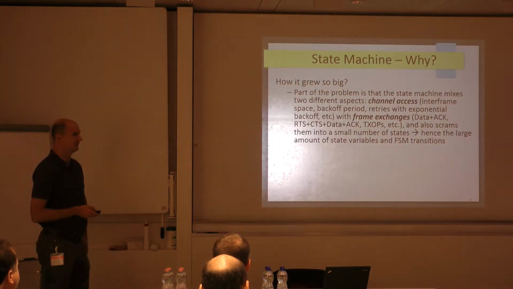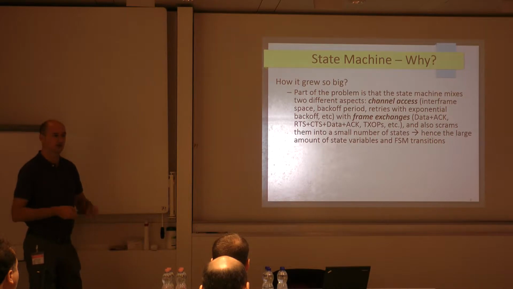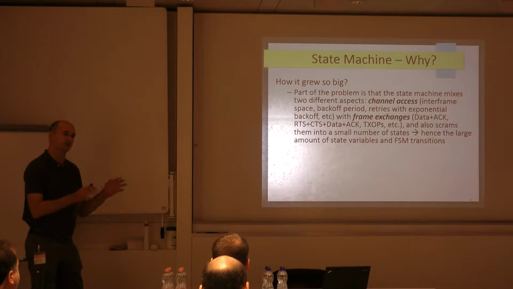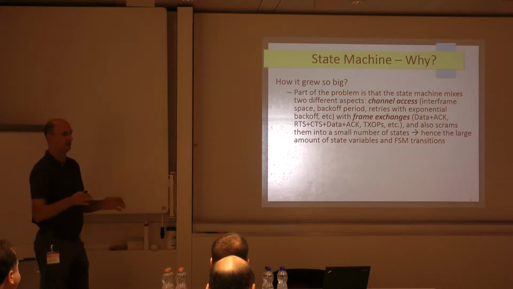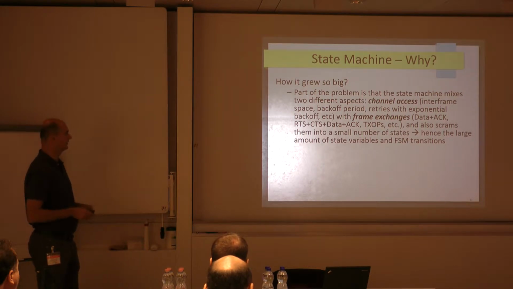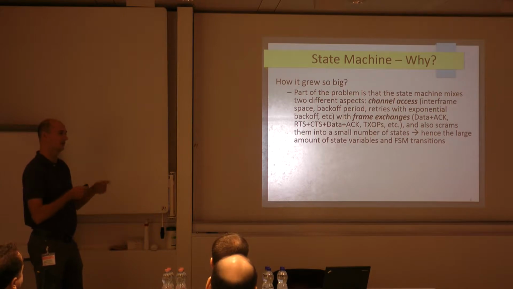So how did this state machine come about, and what are the reasons that it looks like this? Part of the problem is that the state machine and the code mix two kinds of aspects. One aspect is accessing the channel, like interframe spacing and backoff. And the other is how different MAC protocols exchange frames, the dialogue between them.